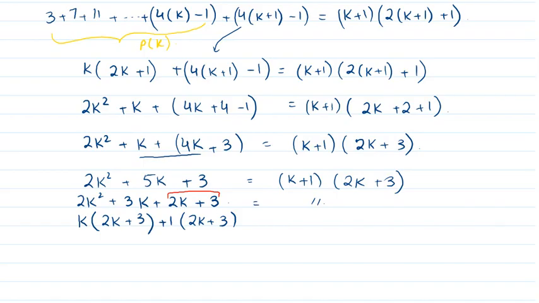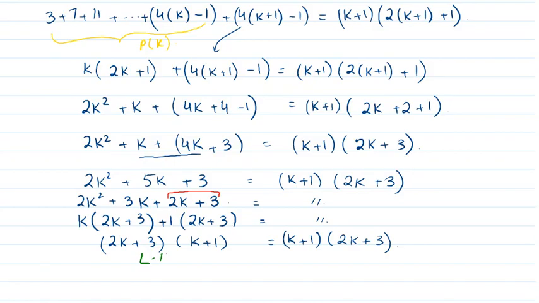And we are going to have the same thing on the right hand side. So this turns out to be 2k plus 3 times k plus 1. Very simple mathematics that I have applied here, that you people have done dozens of times in FSC. So what we get at the end is left hand side is equivalent to the right hand side, which shows that P for k plus 1 is true, bringing me to the end of the proof, right?